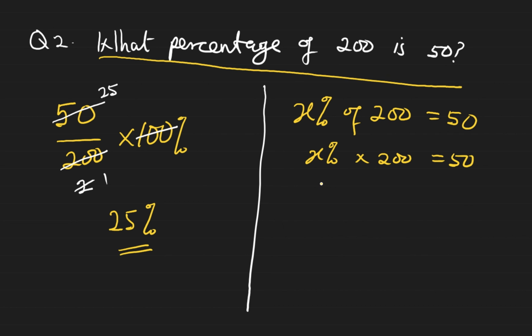So this X over 100 times 200 equal to 50. At this stage, we do cancellation. 100 goes into itself 1, goes into 200 two times.